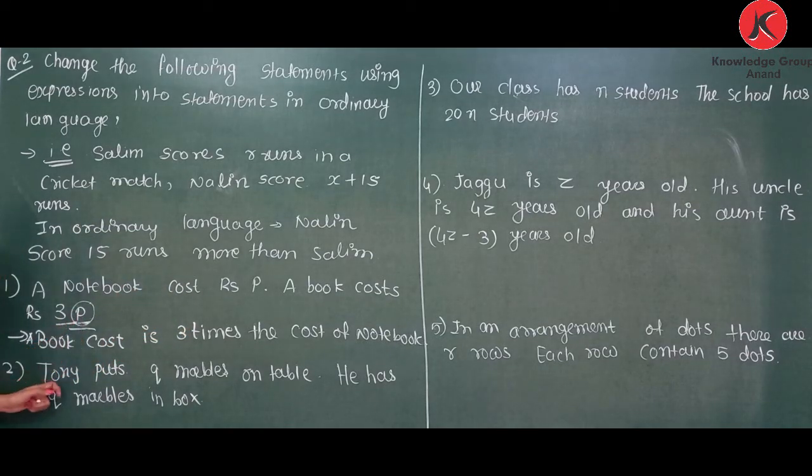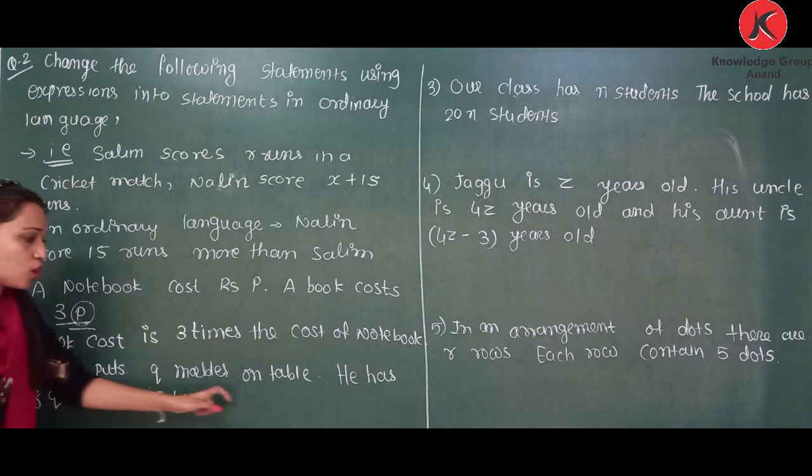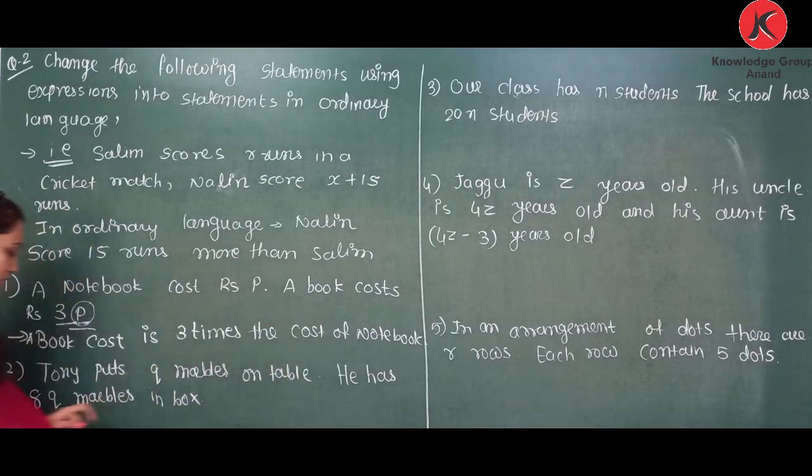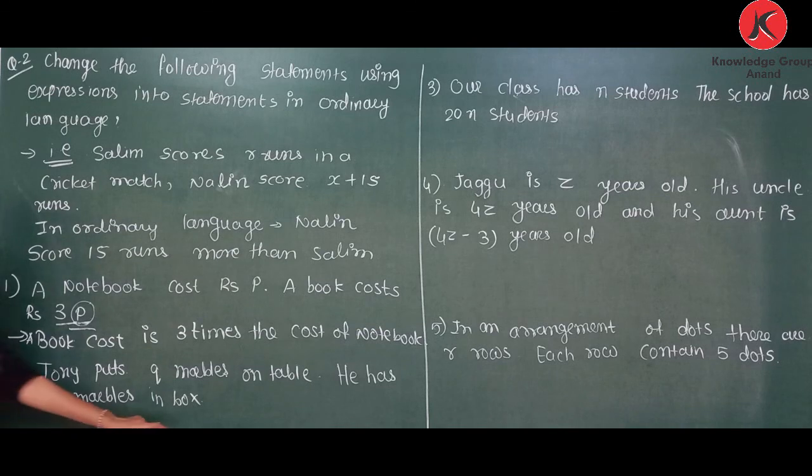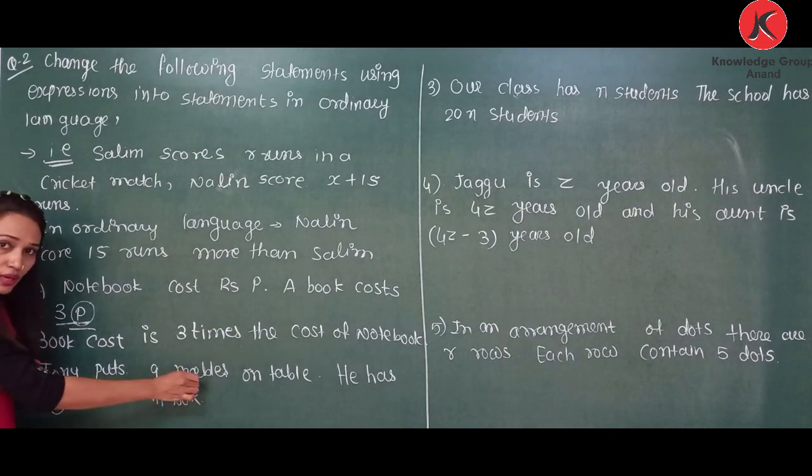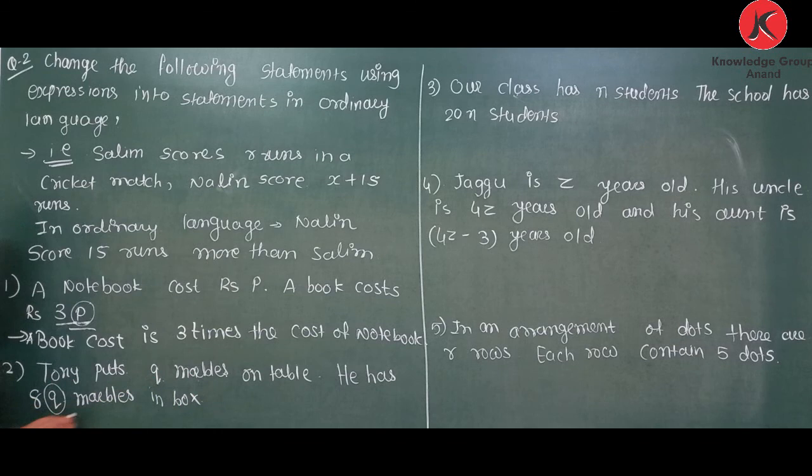Next, Tony puts Q marbles on a table. He has 8Q marbles in a box. What is this Q? This is the number of marbles on the table.